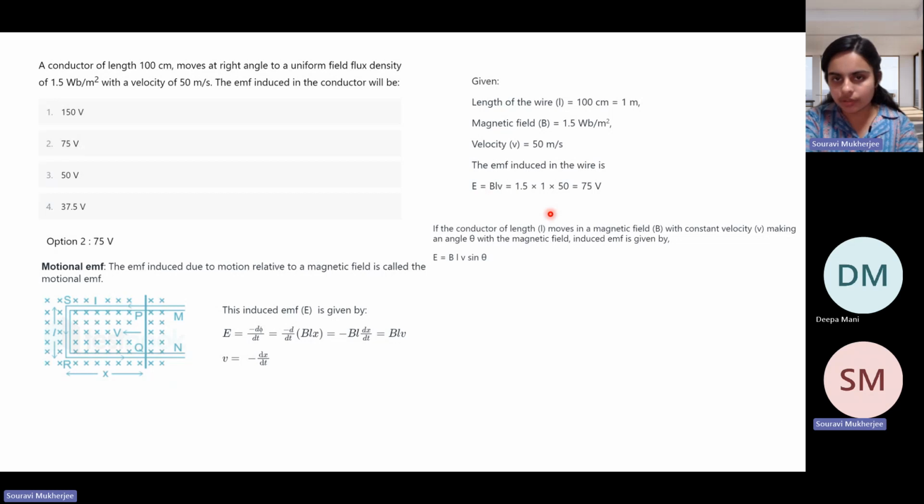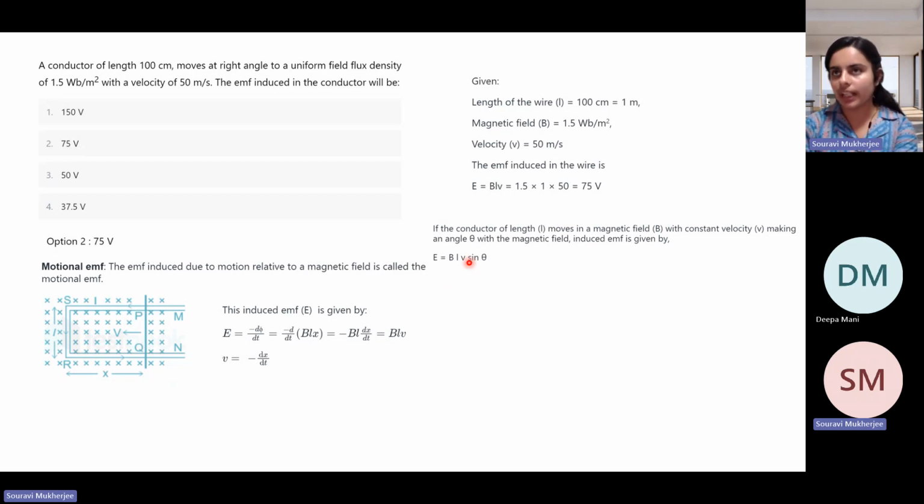It's important to note that if the conductor of length L is moving perpendicular, as it was here, that's one case. But if the velocity makes some angle theta with the magnetic field, then the induced EMF will be given as BLV sine theta. It comes from the fact that the force is given by V cross B. What is EMF?